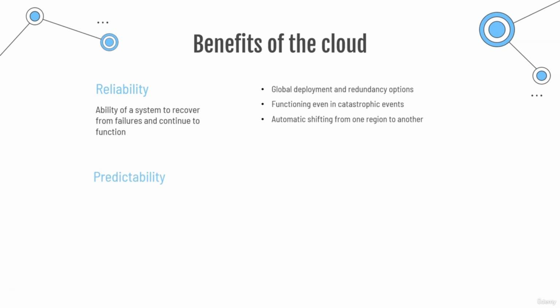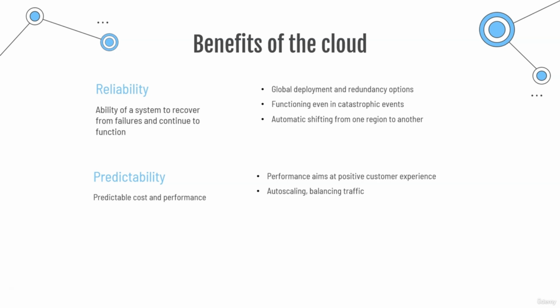Then we have predictability. This is referring to cost and performance. Performance means a positive user experience. Usually this is when we don't want the users to wait very long for applications, for data to be loaded. And this can be achieved, for example, through auto-scaling. Auto-scaling is a so-called dynamic scalability.